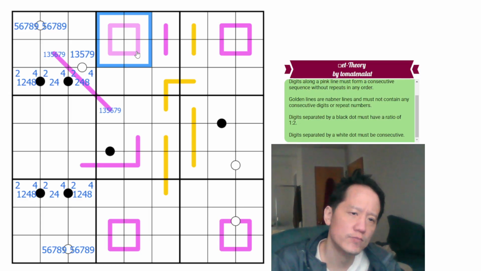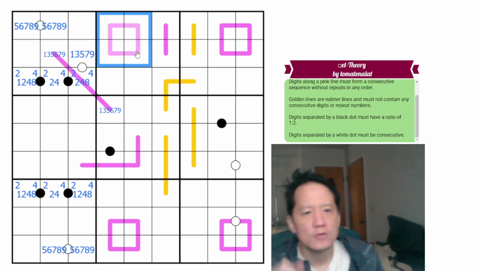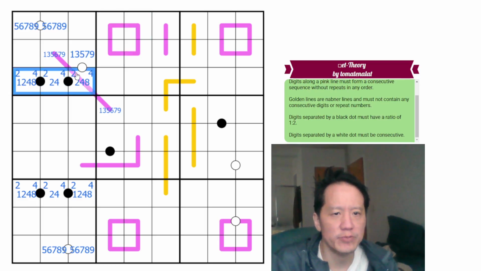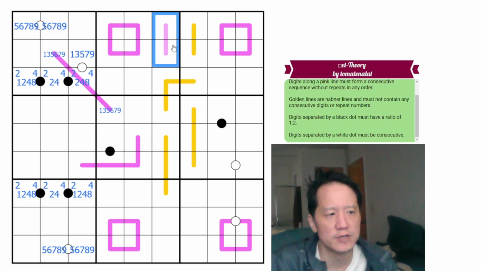Hmm. 1, 2, and 4 is easy, right? Because all of 1, 2, 3, 4 could be here, which is possible. And then this could be any combination of things, right?